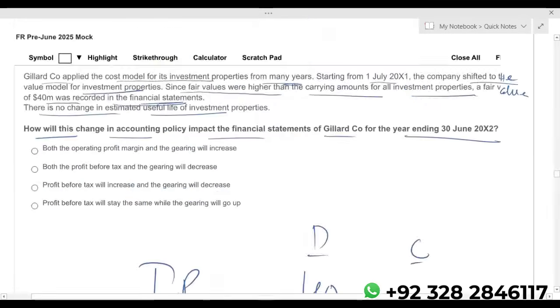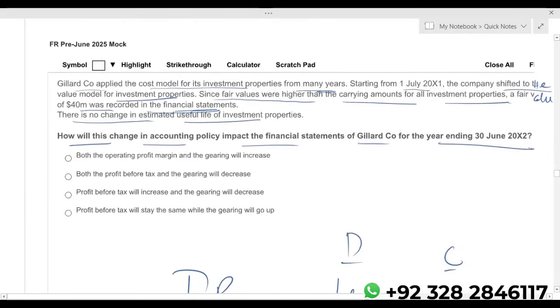Now come here. How will this change in accounting policy impact both profit before tax and gearing? Students, when your business equity increases, then logically gearing will reduce, not increase.